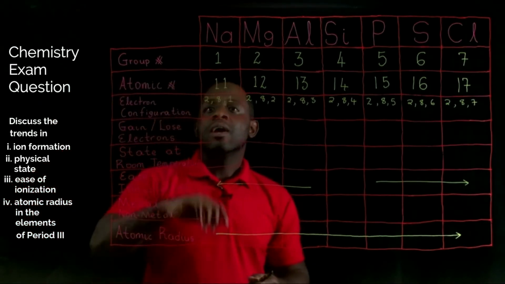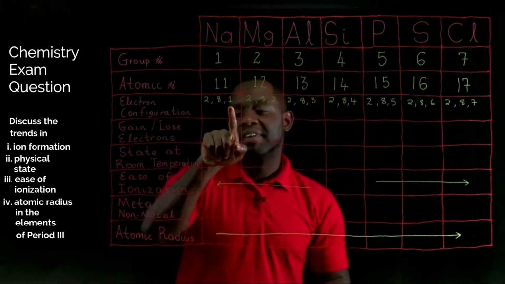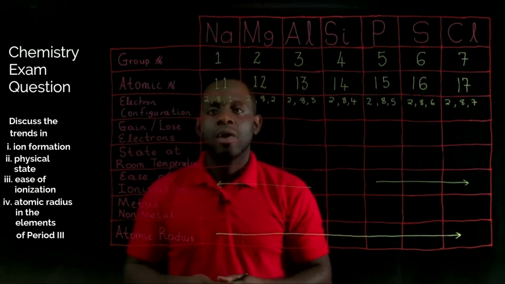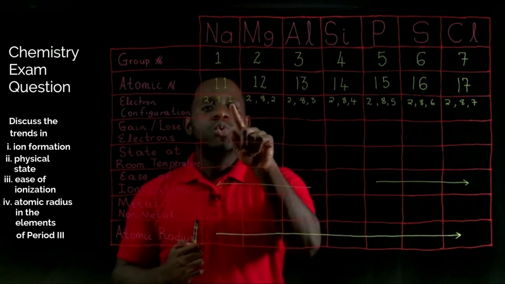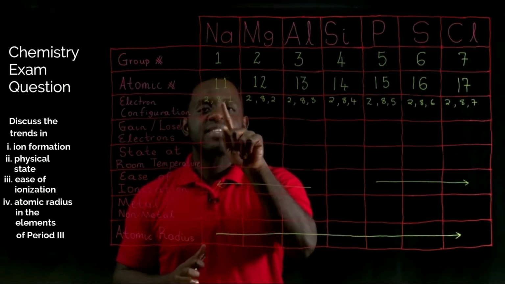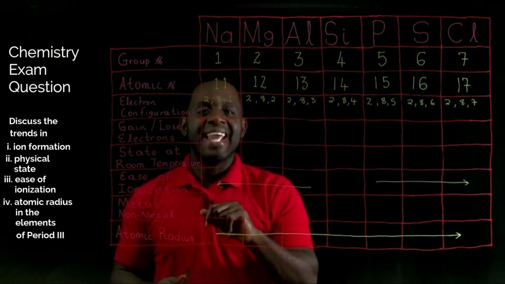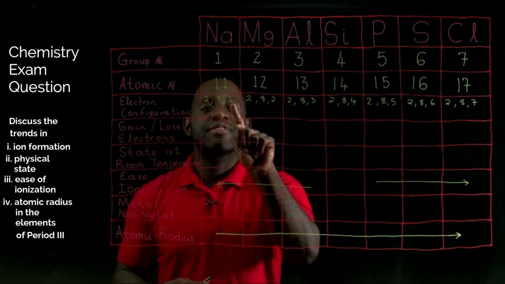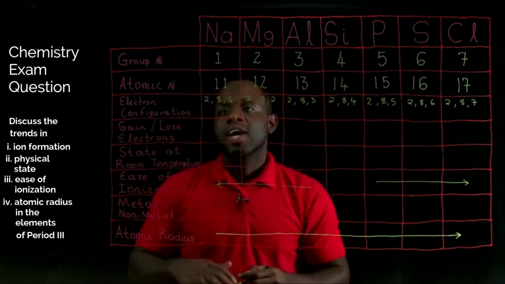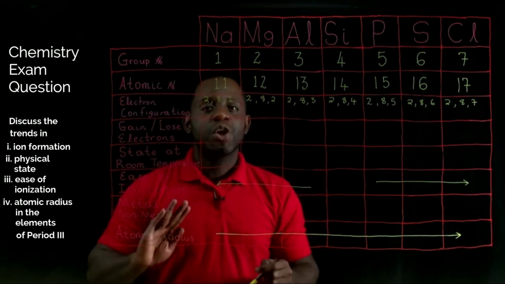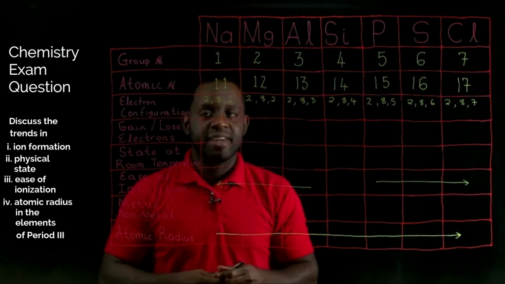So, sodium having 11 electrons, 1 valence electron, has to make a decision. It either needs to lose this 1 electron, so its second shell becomes its new full outer shell, or gain 7 electrons, so its third shell becomes full. Sodium would rather, in terms of energy, lose 1 electron than gain 7.